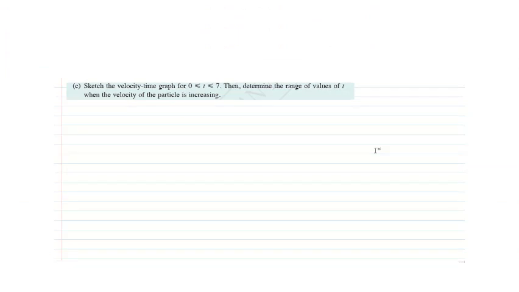Okay, here is question number C. Sketch the velocity time graph for t between 0 and 7. Then determine the range of values of t when the velocity of the particle is increasing. Okay, now we sketch the velocity time graph.